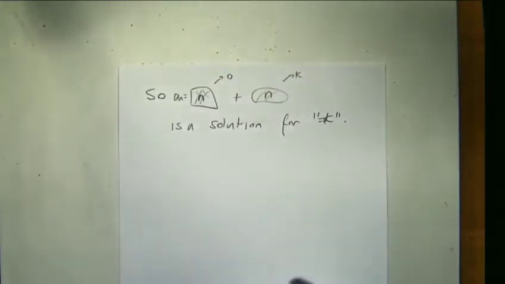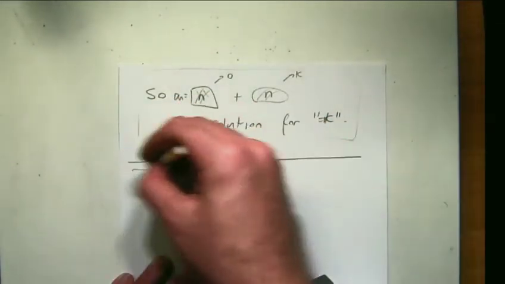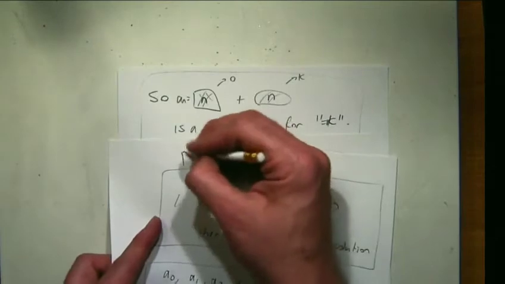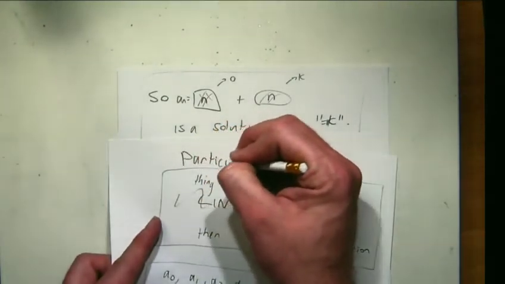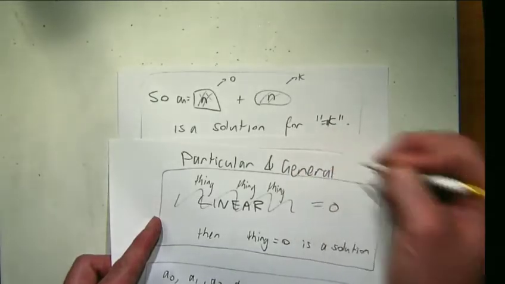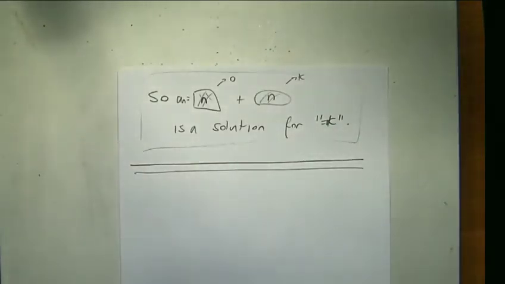The other part of the story, so that's the particular general idea. And that general concept happens with matrices, it happens with differential equations. Anything where you have a linear thing that comes out to 0 or a linear thing that comes out to something else will work that way.